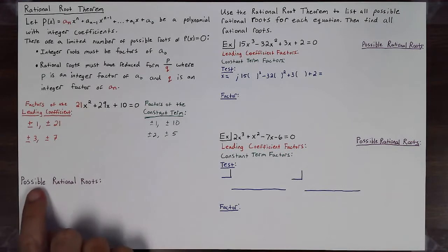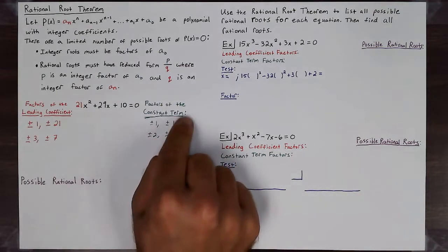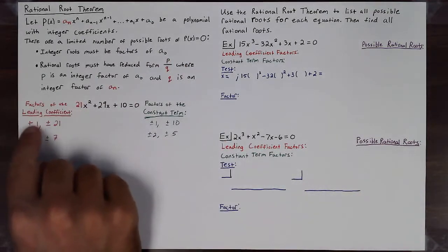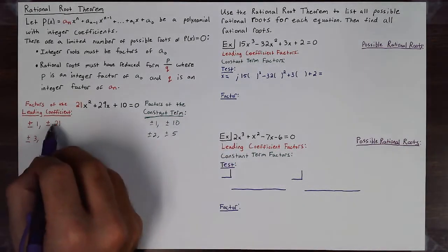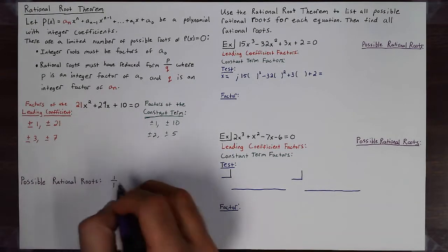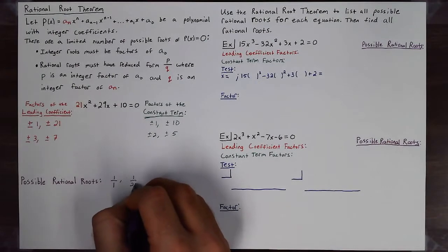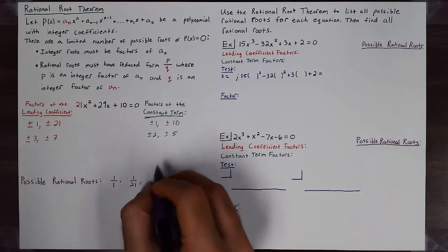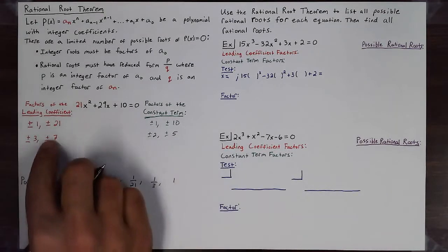Now, what it means for the possible rational roots for this equation would be the factors from the constant term over the factors of the leading coefficient. So I'll methodically go through. I'll put 1 over all of these numbers in my leading coefficient. So I could have 1 over 1. I could have 1 over 21. I could also have 1 over 3 and 1 over 7.